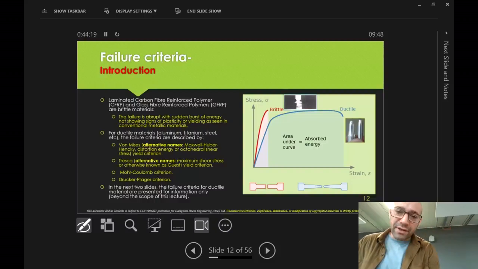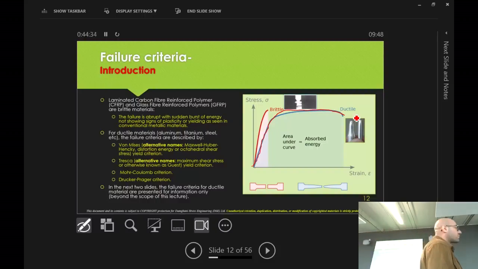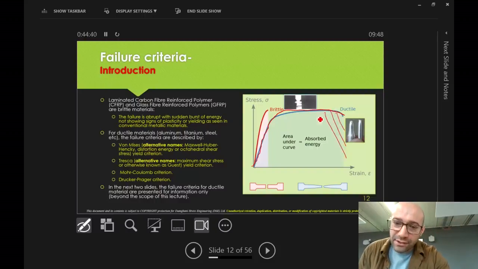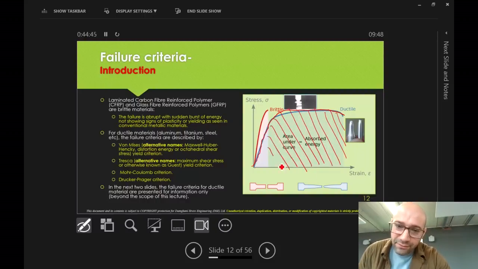So I'm hoping you remember that the stress strain curve for, let's say, aluminium is similar to that. We call it ductile. And what does ductility mean? Yeah, so you've got high strains at failure. If I told you, what's the surface area under this curve? What's the area under this curve?